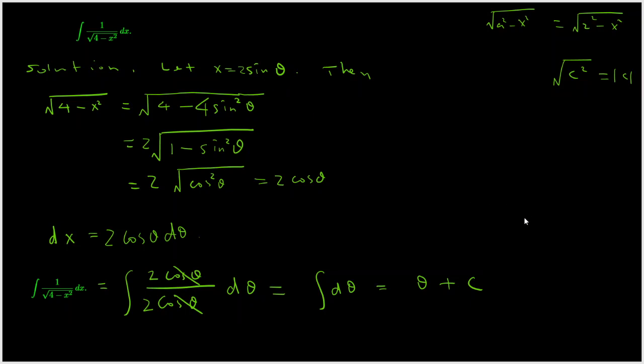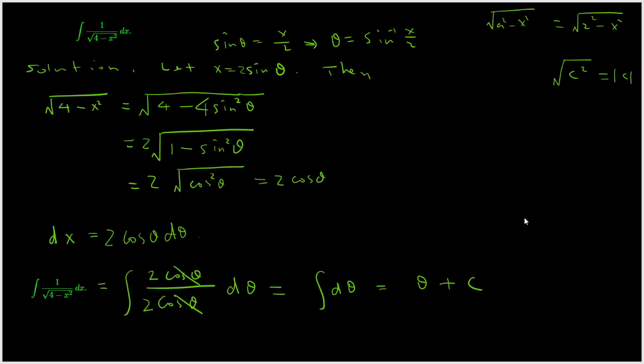Anybody want to tell me how to write the final answer as a function of x? So maybe I'm going to add a new line in here. Sine of theta is equal to half of x, right? So how do you write theta in terms of x? If sine of theta is half of x, how do you represent theta? Theta is arc sine of x over 2. Inverse sine of half of x, right?